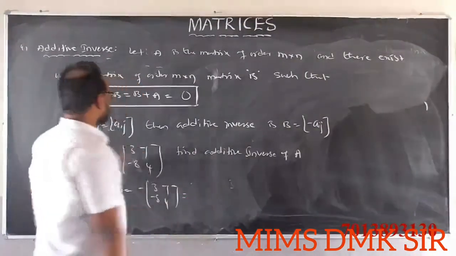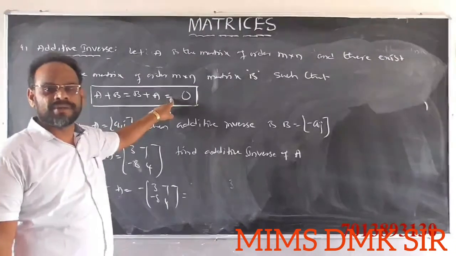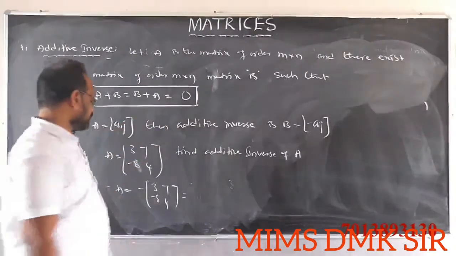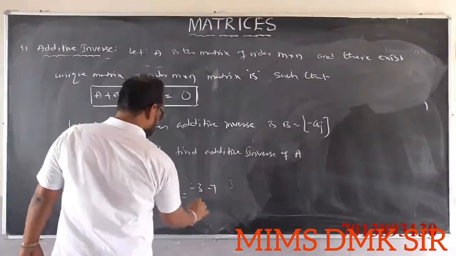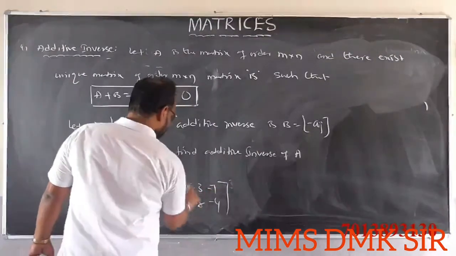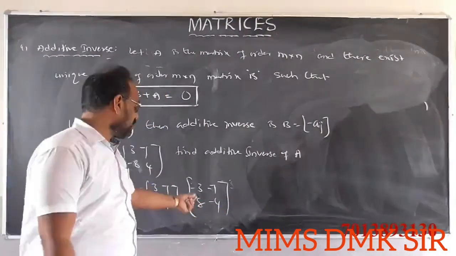That means A plus B is equal to B plus A is equal to how much? 0. So the additive inverse we get is [minus 3, minus 7; plus 8, minus 4], which is the matrix B.